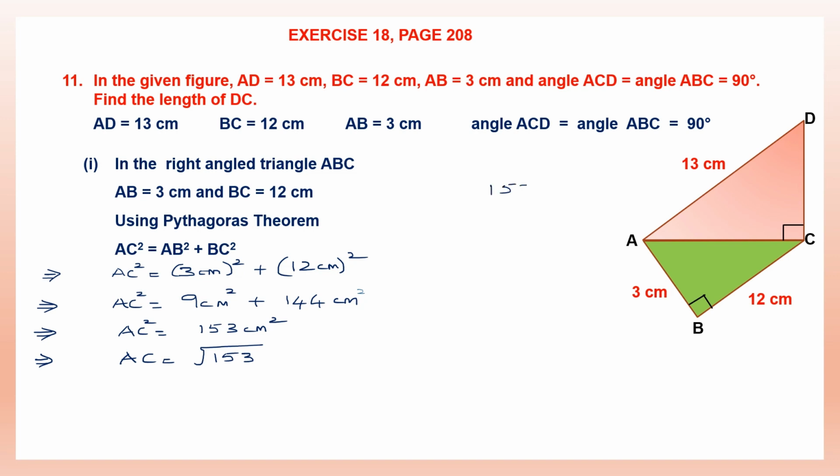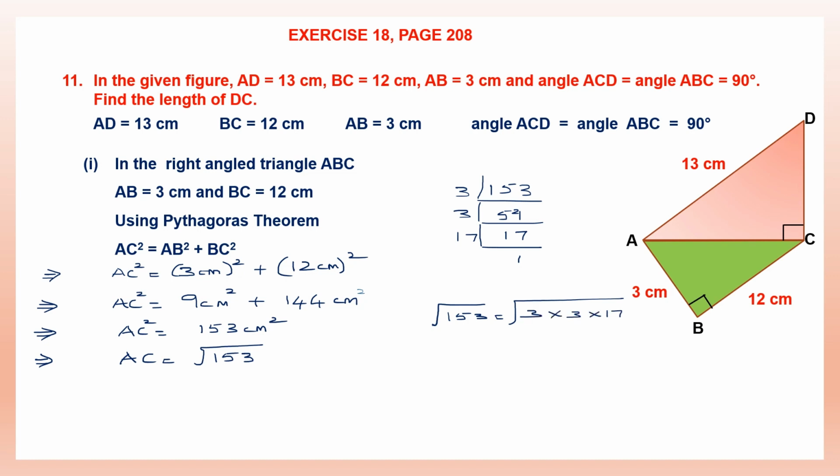Okay, so let's try and get the prime factors of 153. Divided by 3: 3 5s are 15, 3 1s are 3. Continue with the division. 3 1s are 3, that is 2 left, 21. 3 7s are 21. Continue. Now 17, we have 17 1s are 17. Now, if we try to find the square root of 153 by using these, we will get 3 into 3 into 17.